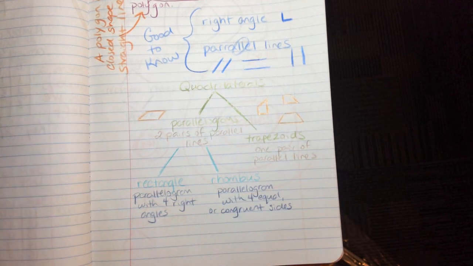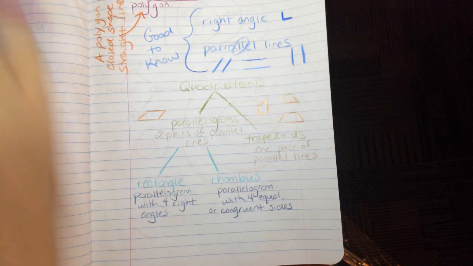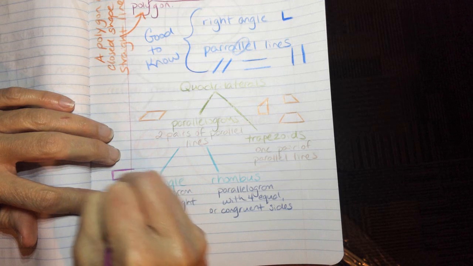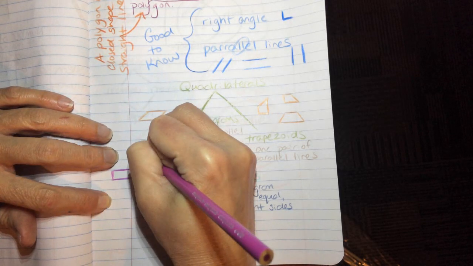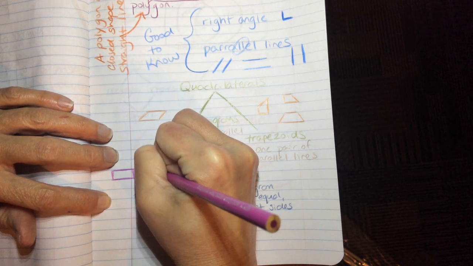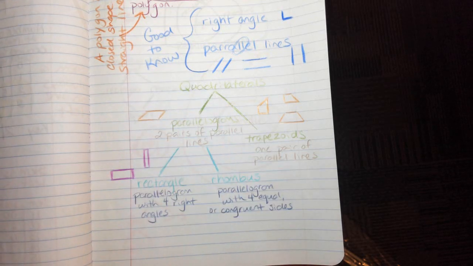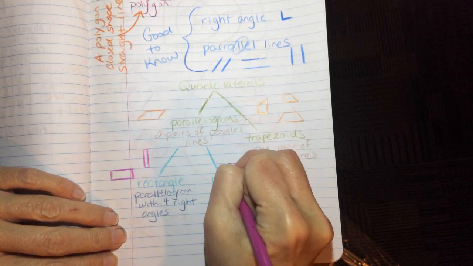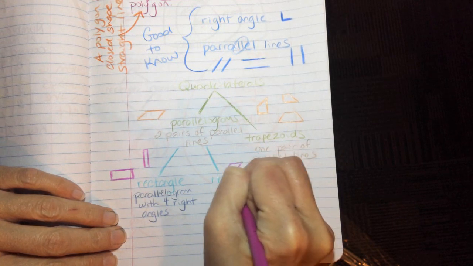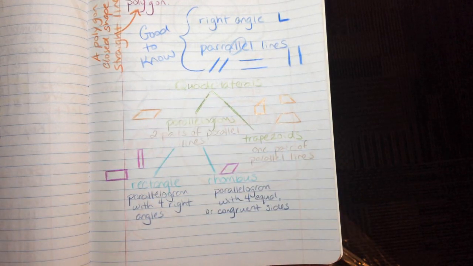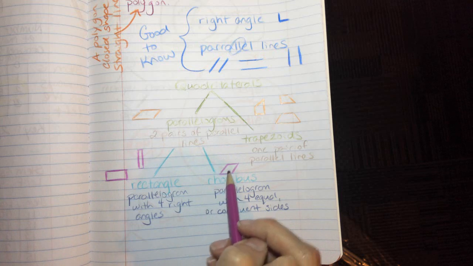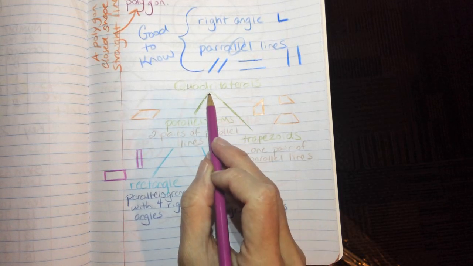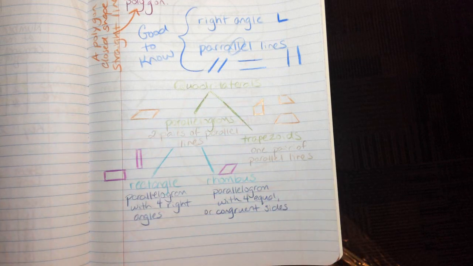A rectangle often looks like this, or it can be skinny, but it does have those right angles. A rhombus is often envisioned as a slanty square. But it's important to know that this shape right here is a parallelogram, and also a quadrilateral.